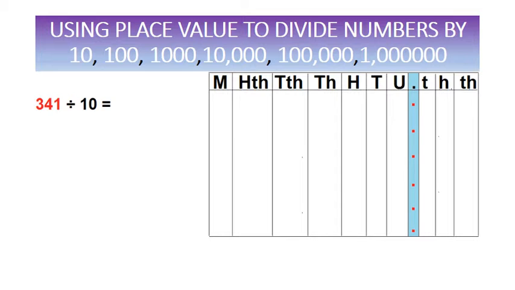And we've got our first example here. So we've got 341 divided by 10. Now, before we start, we just need to remind ourselves that when we're dividing, the answer will be smaller. So if we're thinking about our place value scale, the numbers get smaller the further towards the right that they move. So if we put the 341 on there, now let's look at what happens when it's divided by 10.